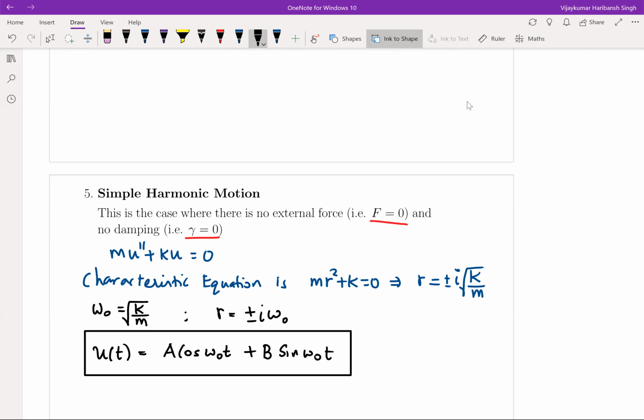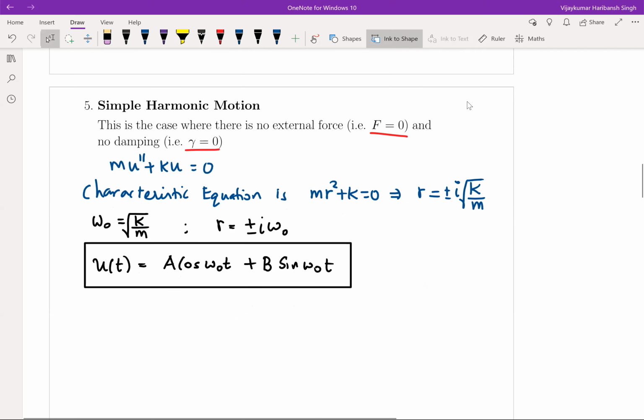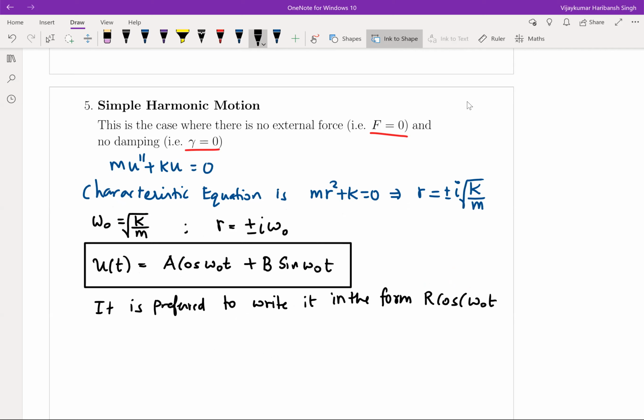Okay, so harmonic motion. However, we prefer to write it in a slightly different format. It is preferred to write it in the form R cos of omega naught t minus delta.